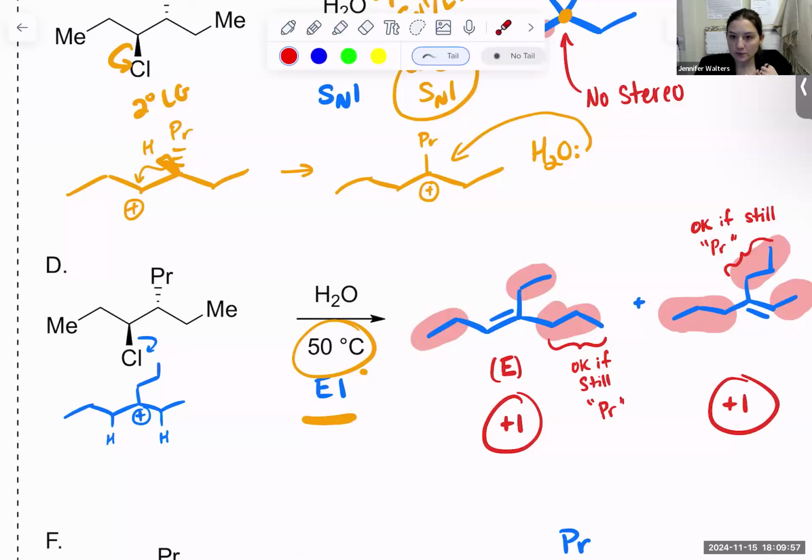You're always going to make the most substituted, the Zaitsev, and you're always going to make your E alkene where your big groups are as far apart as possible. So the fact that both of them are tri-substituted means that we make both of them. That's why we needed to have the two products there, because no matter what, you end up with the tri-substituted. So they're both the Zaitsev product.